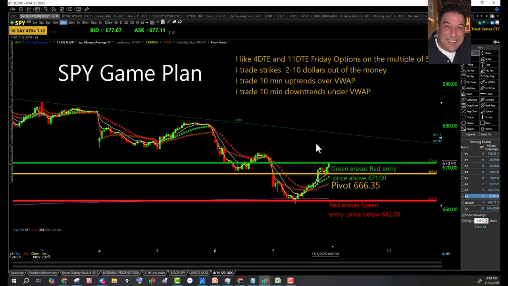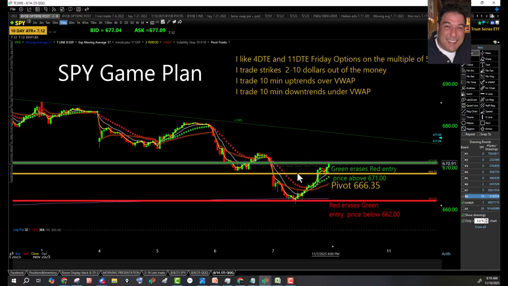If a downtrend happens to manifest up here, okay, or up here between the pivot and the green line, or in here over the red line, between the red line and the pivot, I am not opposed to trading downtrends that happen to manifest up here, here, or here, long before it gets to the red erases green entry. Why?